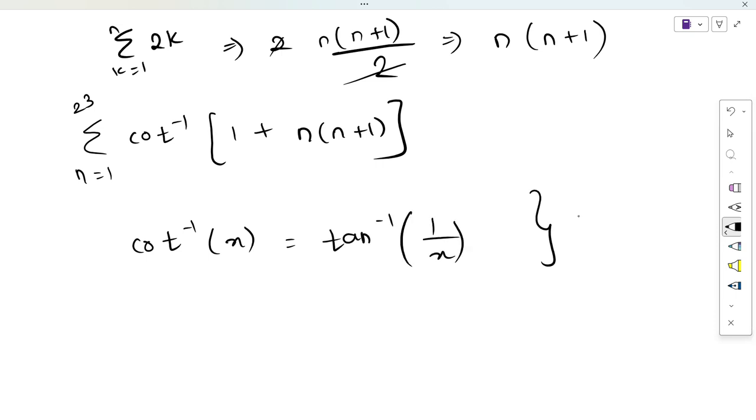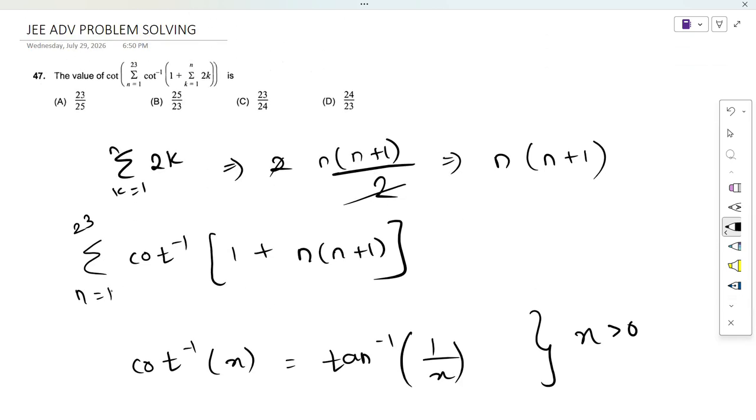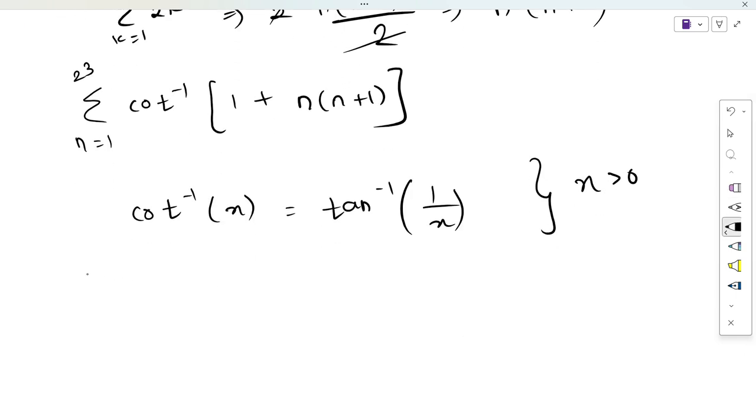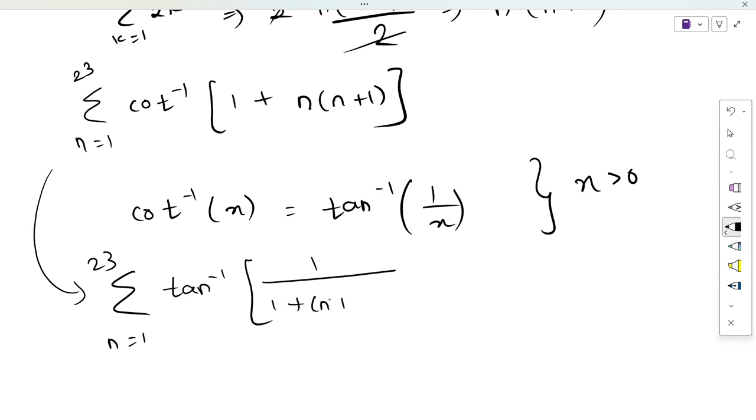This is valid only when x is greater than 0, and we can clearly see that this term is always greater than 0, so we can use this identity. Now I'll write it as n equal to 1 to 23 tan inverse 1 upon 1 plus n into n plus 1.